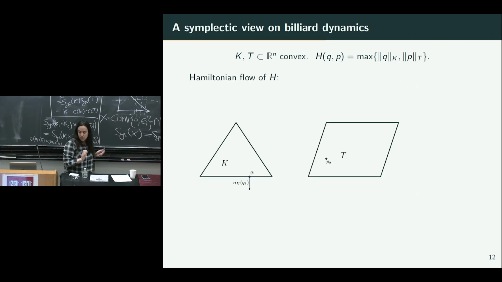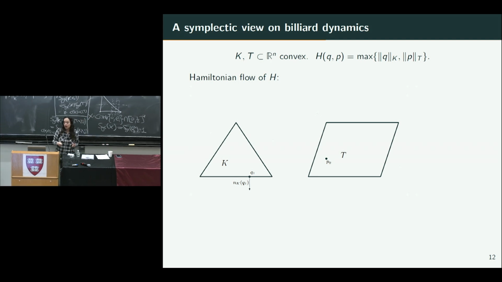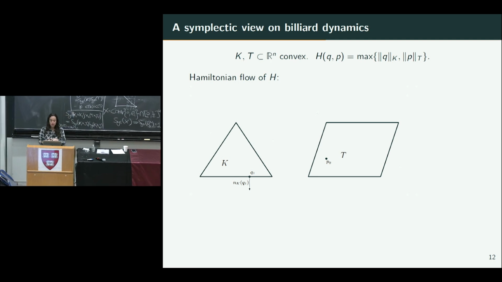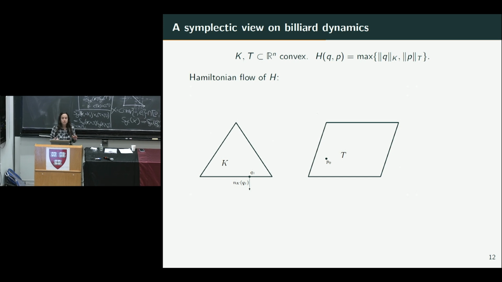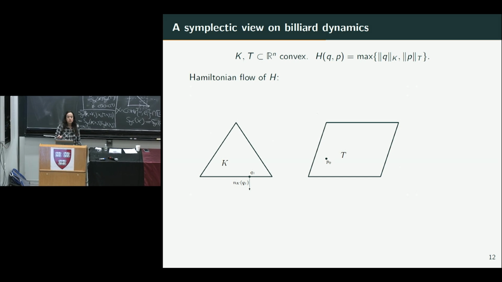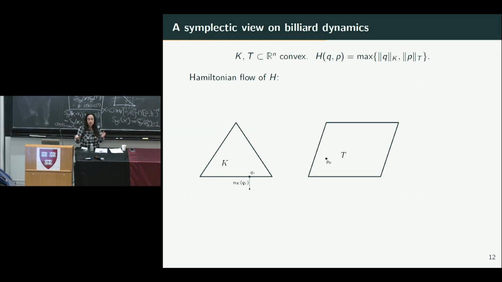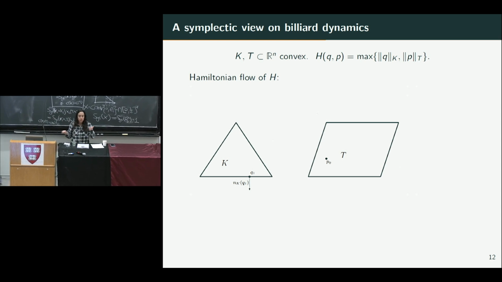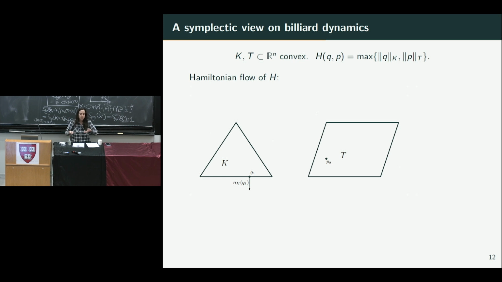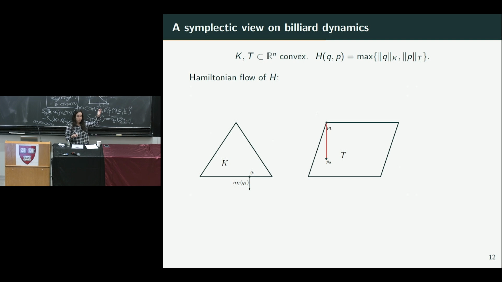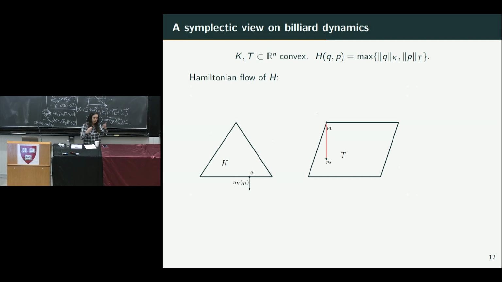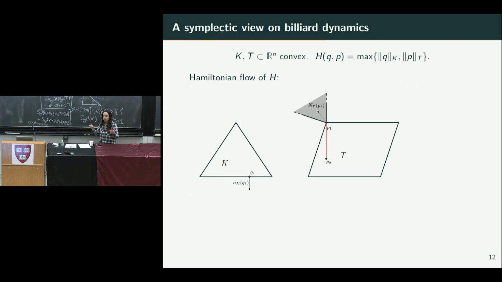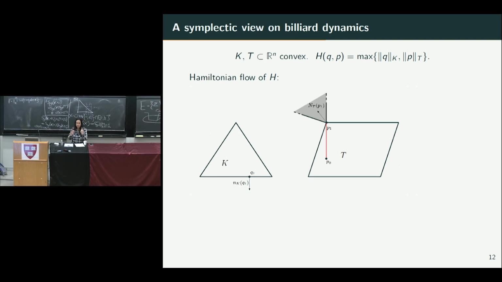Okay, so if I have some K and T, how would the Hamiltonian dynamics look? I'm starting from some point on the boundary of K and in the interior of T. Then I look at the normal to the domain, which is just the normal to K. And then I move in J times the normal, so it moves kind of in minus the normal, but in T, until I hit the boundary of T. And here I hit a corner, so I get the normal cone and not just one option.